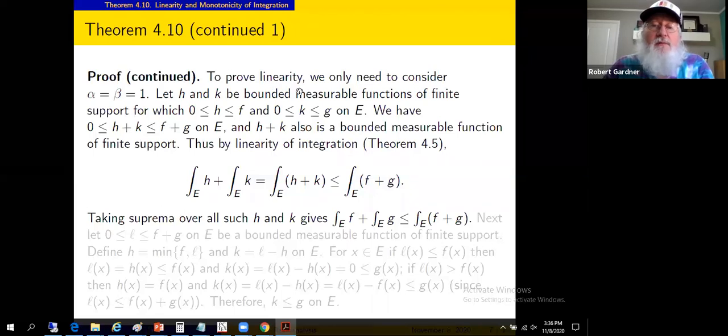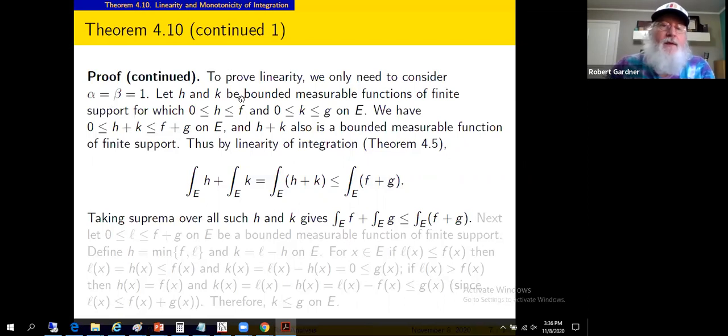Now for the remainder of linearity, I want to call it the vector addition stuff. So what happens when I add two functions together? We're going to add f and g together, taking alpha and beta to be 1, having taken care of the scalar multiple stuff. So we're going to consider two non-negative functions, f and g. Their integrals are defined as sups of integrals of bounded functions of finite support.